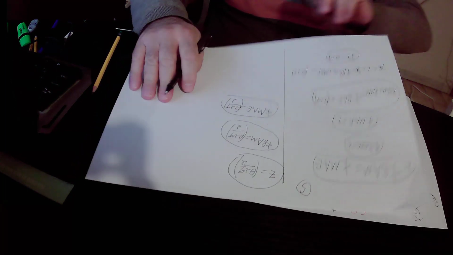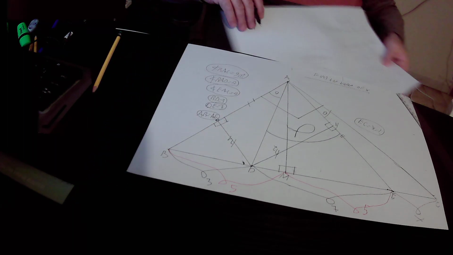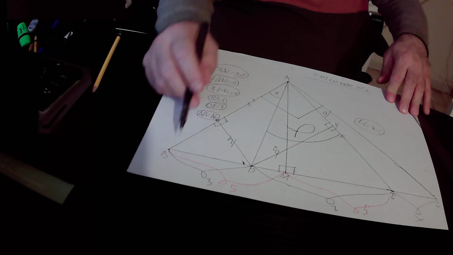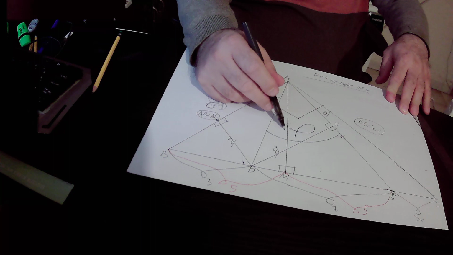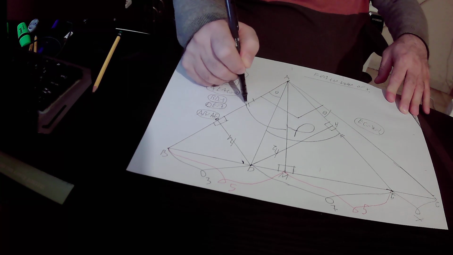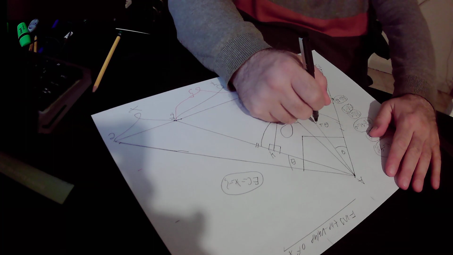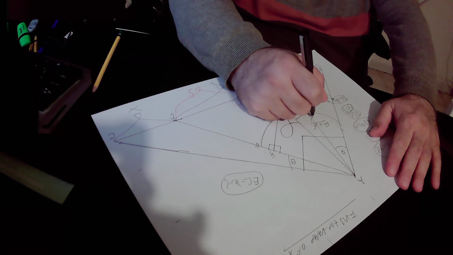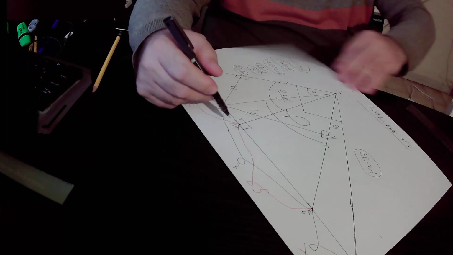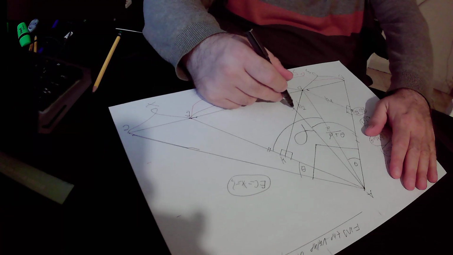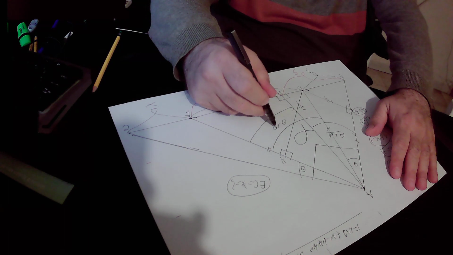So here we can write down in the drawing that angle BAM is equal to (theta plus alpha) over 2, and angle MAE is also equal to (theta plus alpha) over 2.